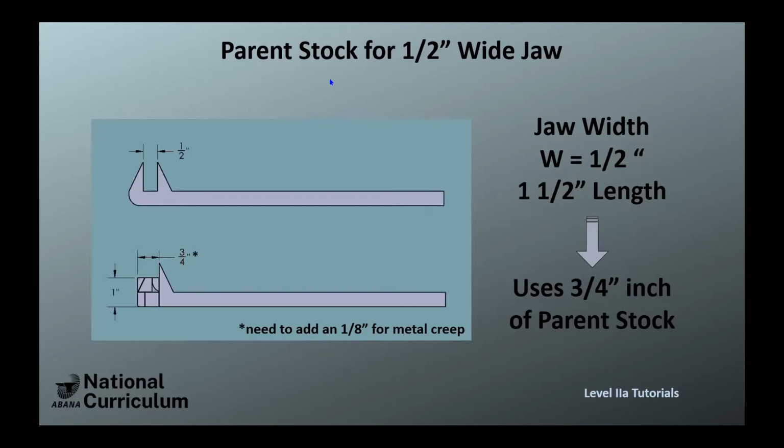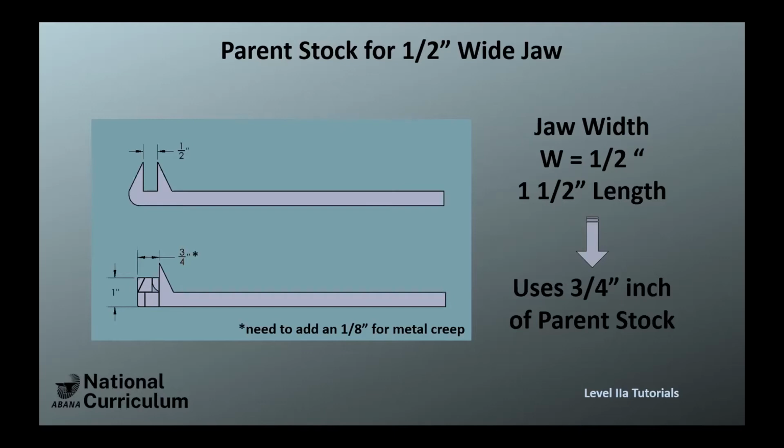So just as a reminder of what we were shooting for, we were shooting for a 1/2 inch jaw. And in order to get that 1/2 inch jaw, we're going to use 3/4 by 1 inch. If you'll remember from last month, every time we do a half face blow on our anvil, our metal creeps along.